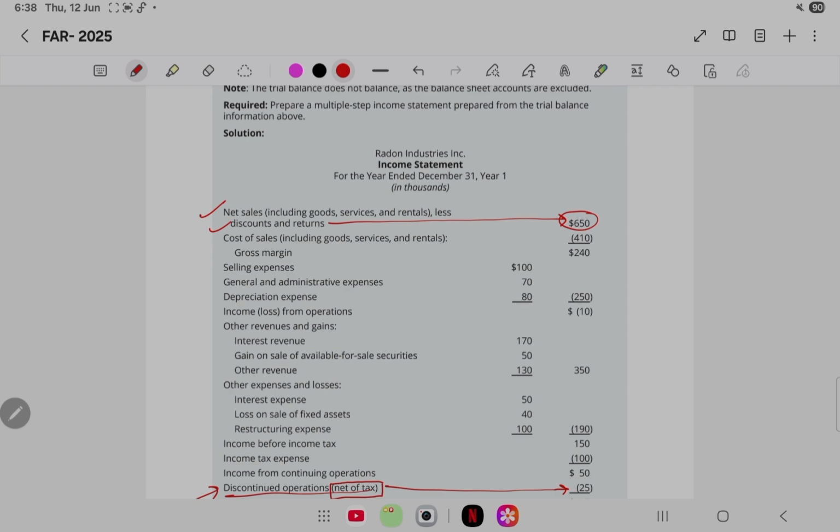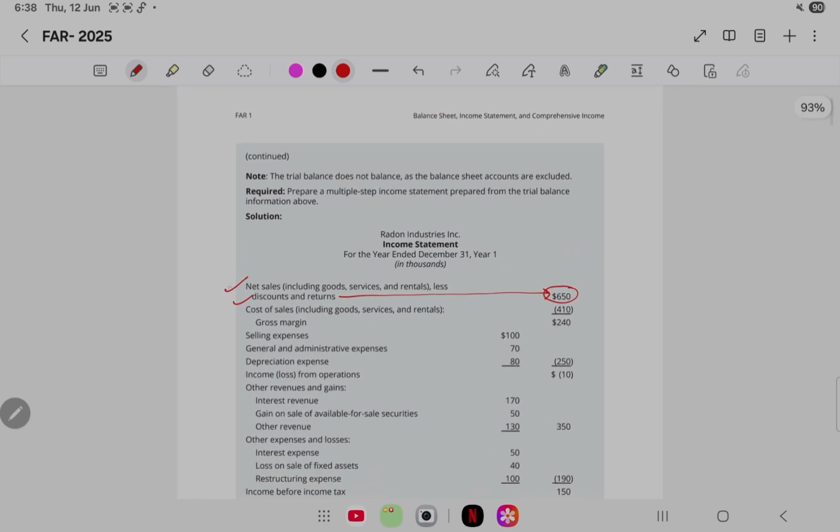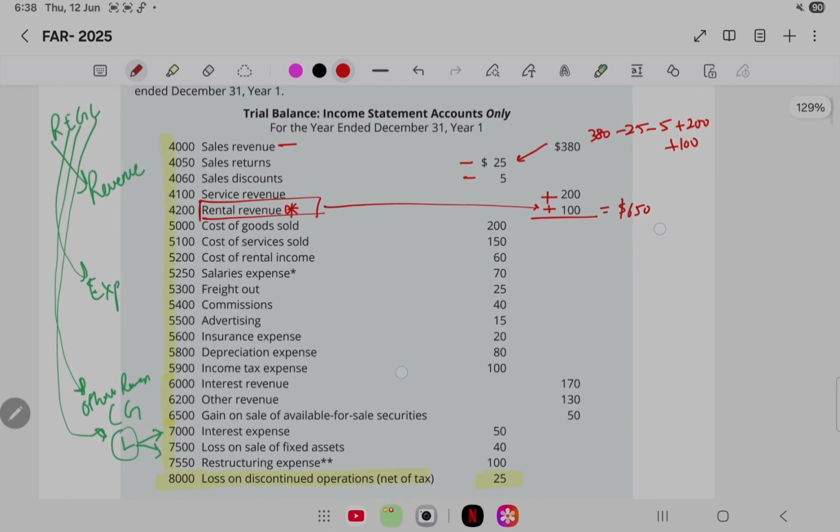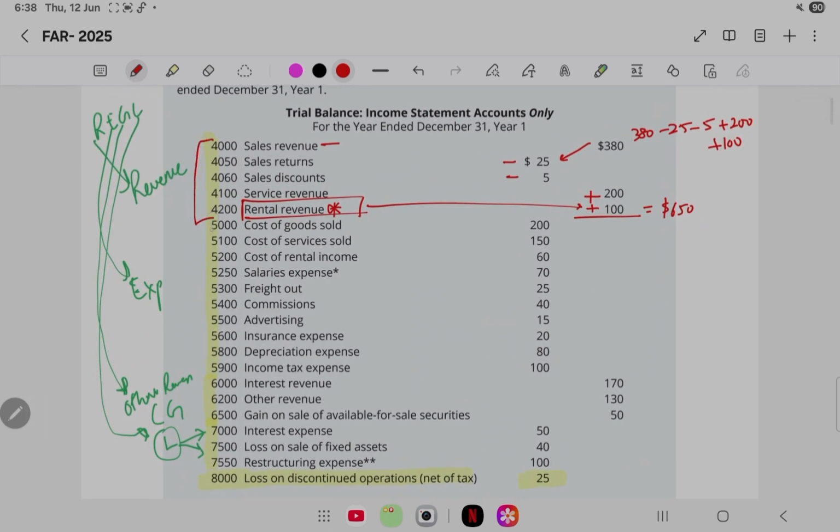Now the second item, what I have told you, cost of sales. Now we come to the expenses part. Expenses are this much. What is the cost of goods sold? We include cost of goods sold 200, cost of services sold because we have sold the services also 150, cost of rental income we will use because we have also taken the rental revenue.